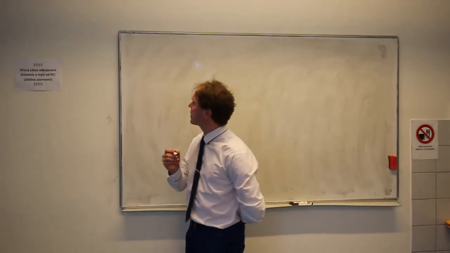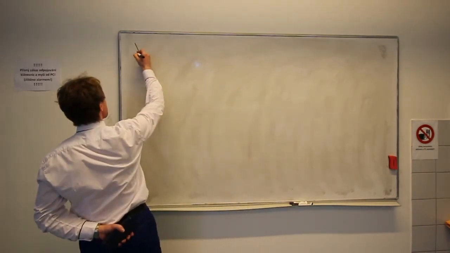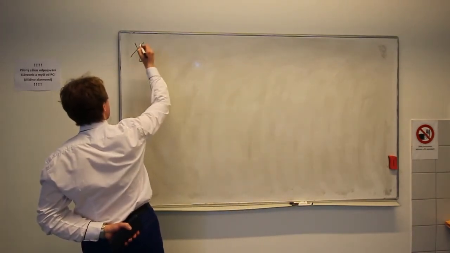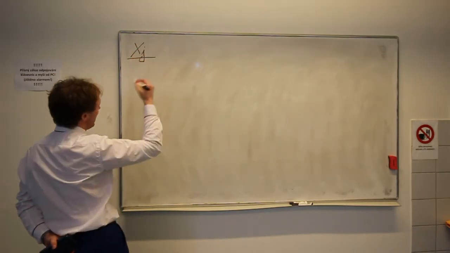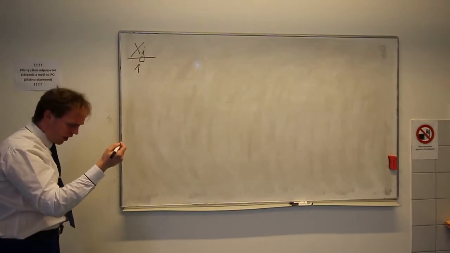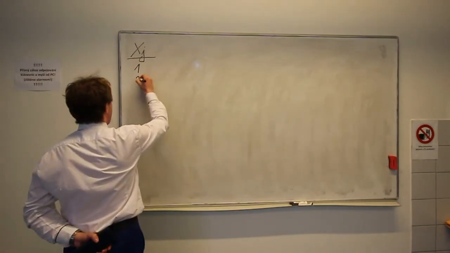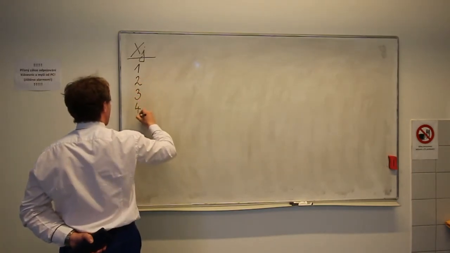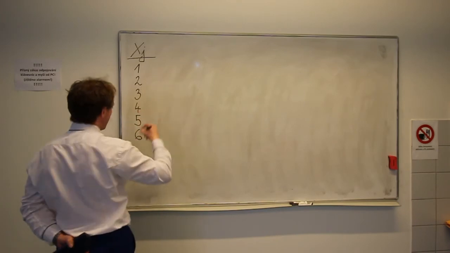Okay, so it's necessary to start at the beginning. I have here xj, the values, the positions on the dice: 1, 2, 3, 4, 5, and 6.